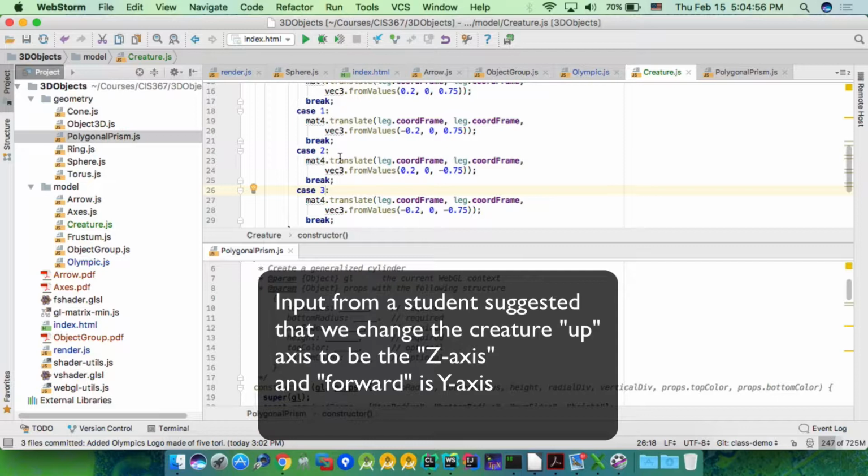Yeah, but when we build the neck and we build the tail, we have to rotate anyway. Right. When we build the body, we have to rotate. So yeah, it's up to you. So you want to change it to Z? Okay, if you want to change it to Z, that's fine with me. So then, which axis is the forward? Y?